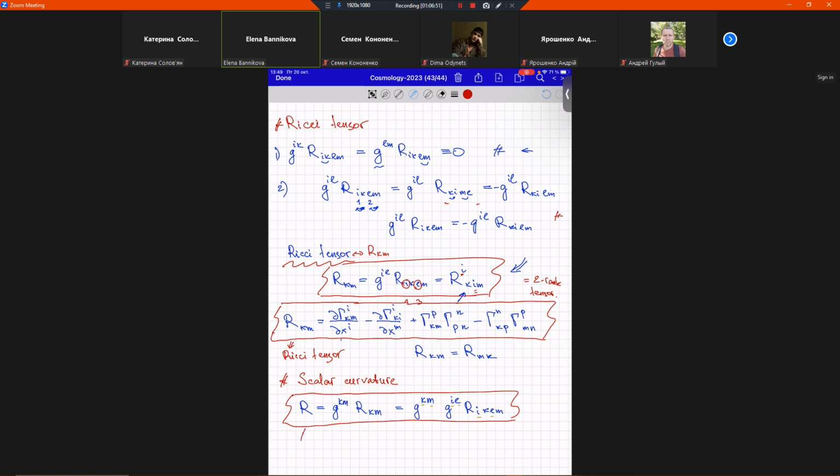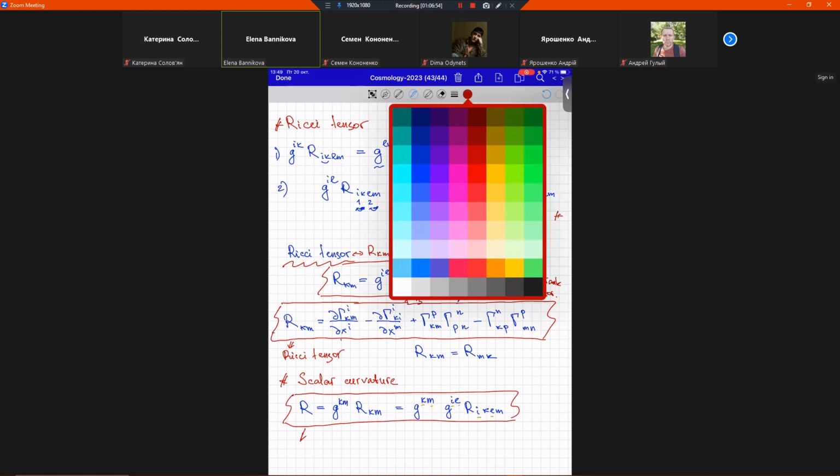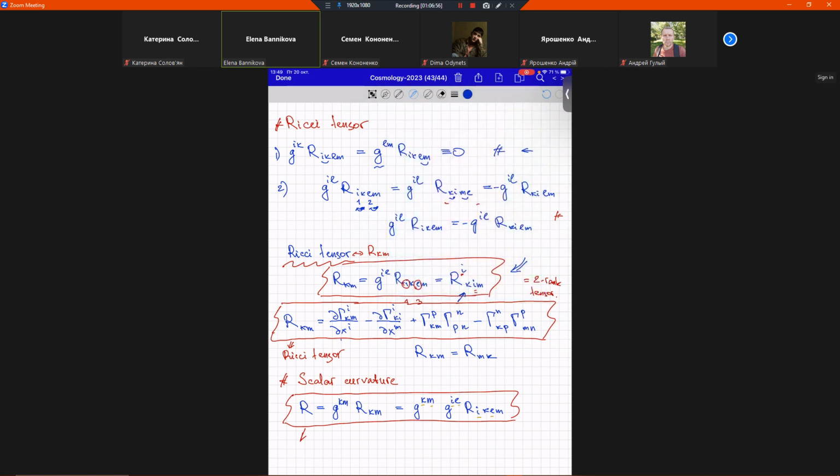Also, I would like to say that up to a multiplier, the scalar curvature corresponds to the Gauss curvature, because I all the time forget where I need to put the factor. It looks like the Gauss curvature, which is called letter K, and we used it maybe before.